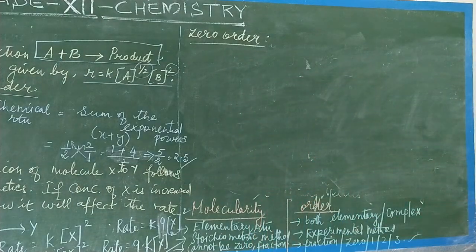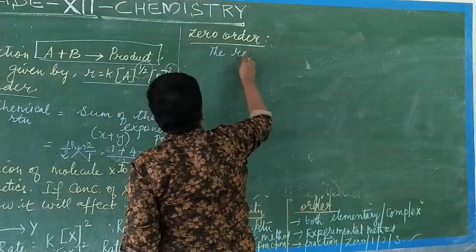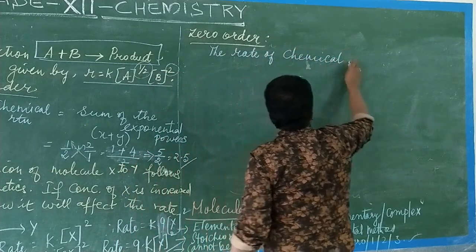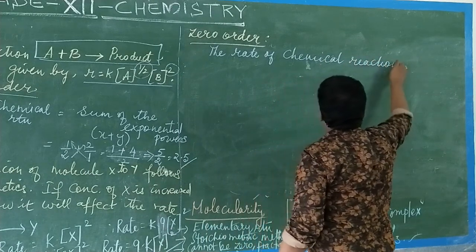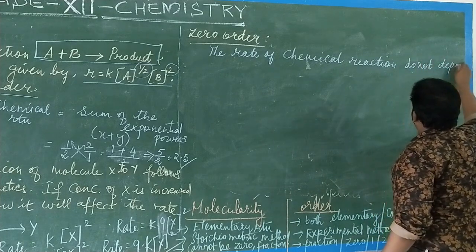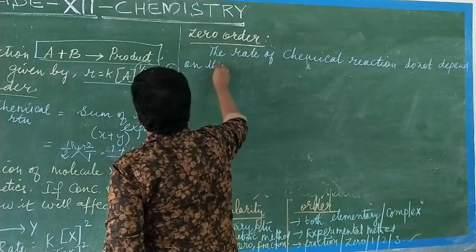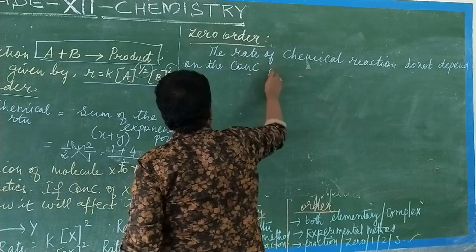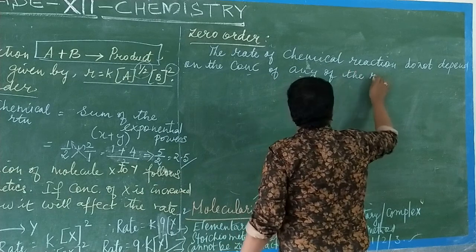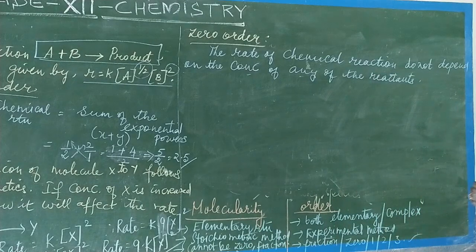It's a zero order reaction, that is, the rate of chemical reaction does not depend on the concentration of any of the reactants. Then we call it a zero order reaction.